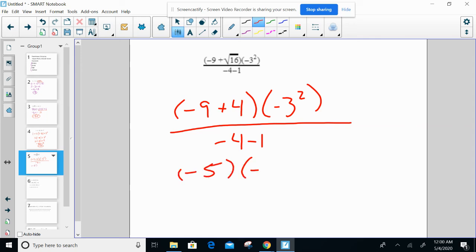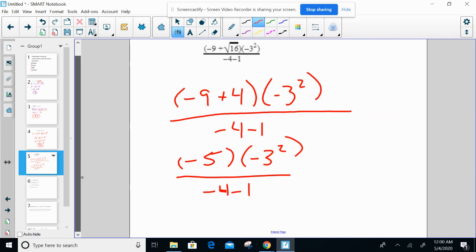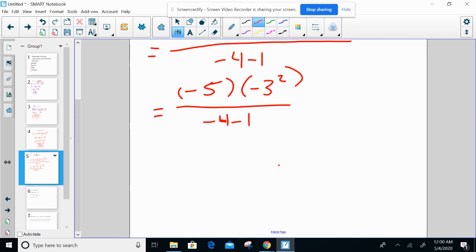That's another grouping symbol. Everything else will stay the same. All right, just so you know, this is a step. This is a step. All right, the next step I'll do in a different color just so it doesn't get confusing.